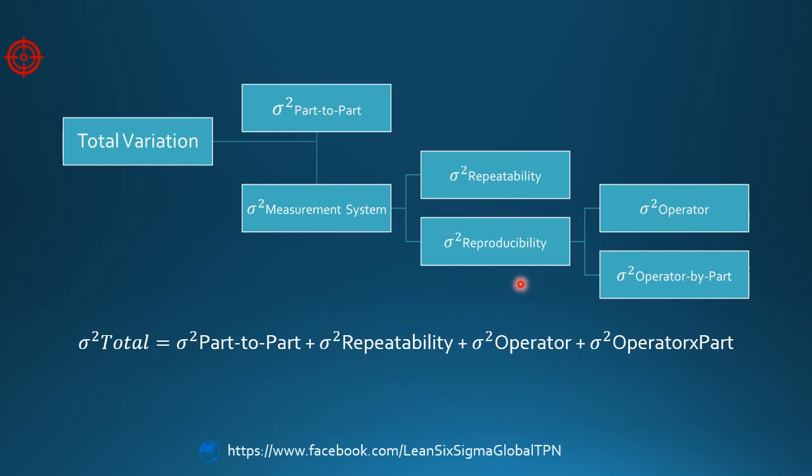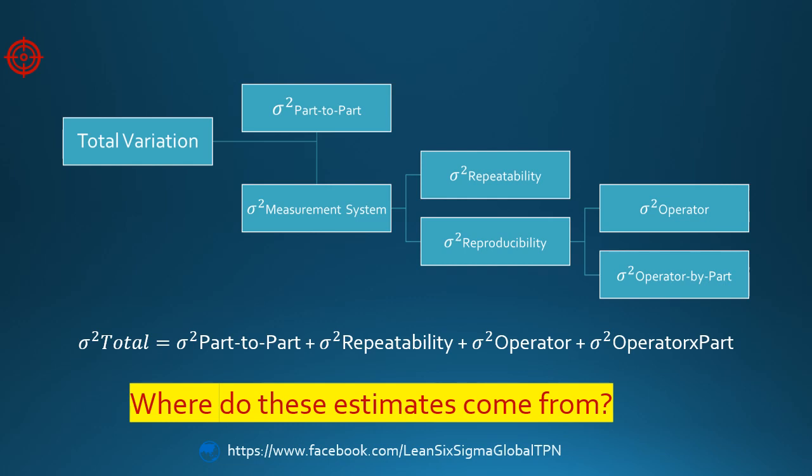And finally, the reproducibility is the sum of operator and operator by part variance. A gauge R&R study estimates these values for us. But where do these estimates come from?